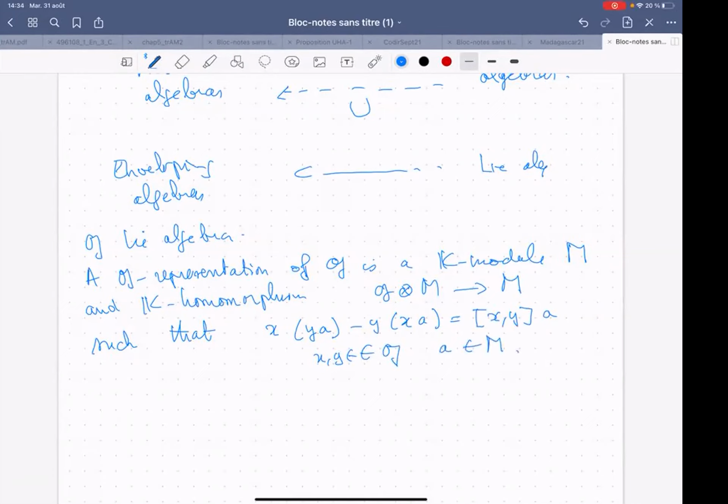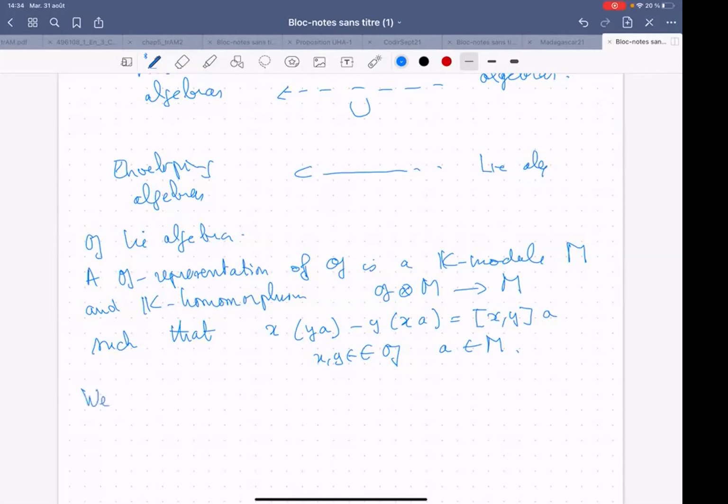Now we aim to associate to Lie algebra g an associative algebra U(g) such that a g representation of g may be viewed as a U(g) representation and vice versa.